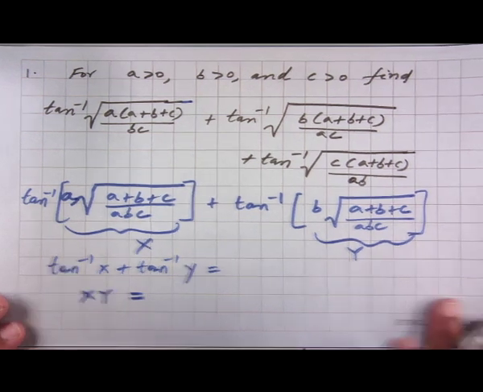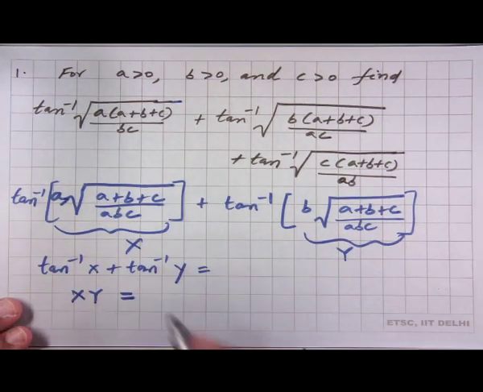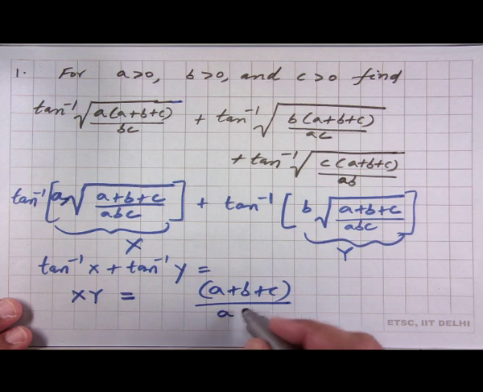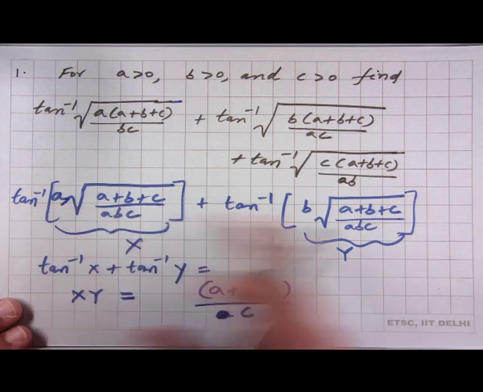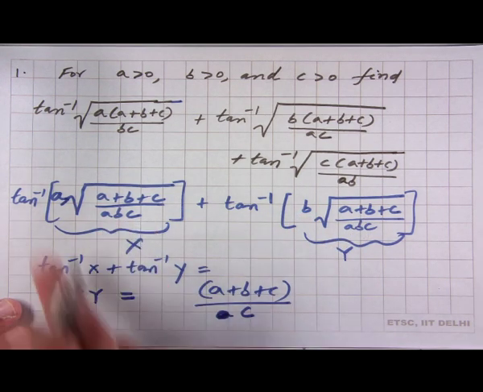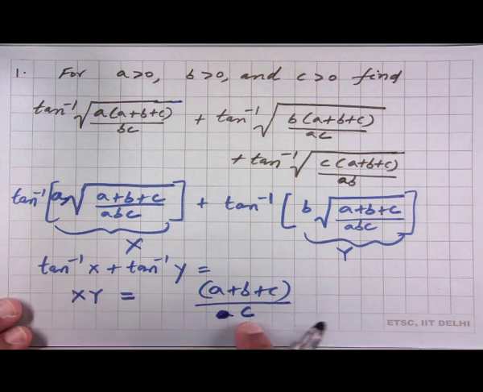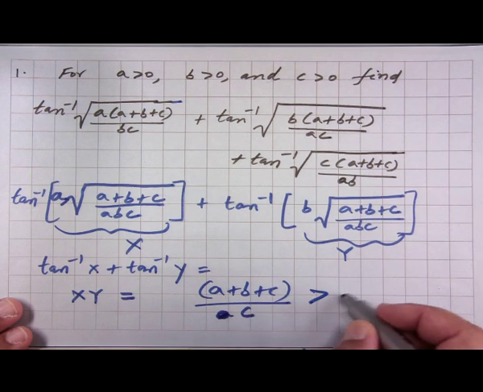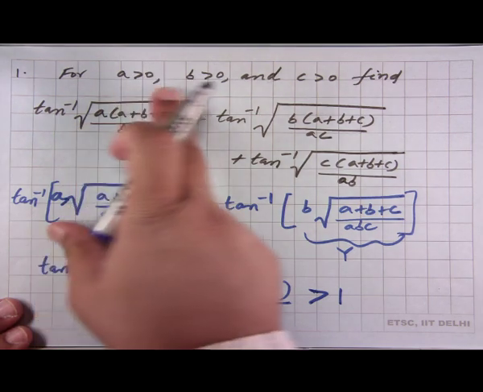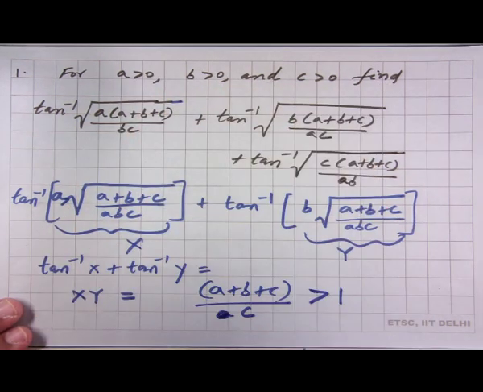The product of x and y is a plus b plus c over c, because we'll get a times b, and in the denominator we have abc. The ab is going to get cancelled, and what remains in the denominator is only c. And this obviously is strictly greater than 1, because it is given that a, b and c are all positive.